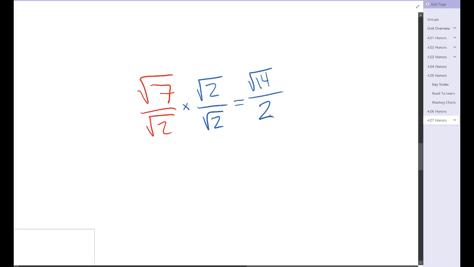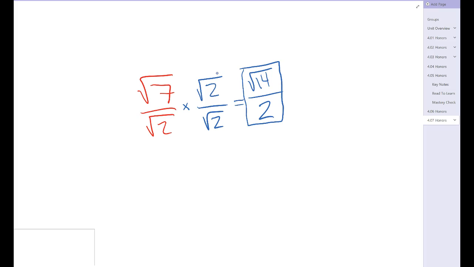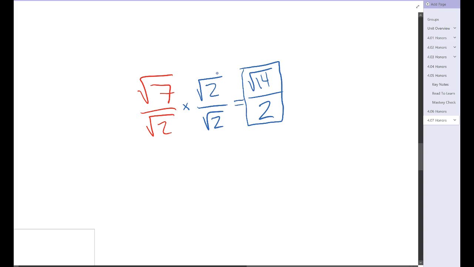So I end up with just 2 in the denominator. Ladies and gentlemen, that is my rationalized fraction. That fraction is now rational. I can now do that division. As cumbersome as it may be, I can now do this division in a meaningful way. I've now rationalized this denominator.